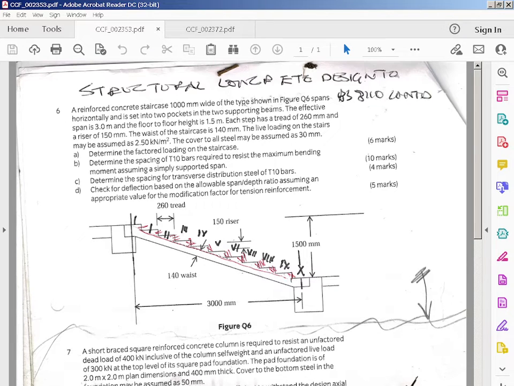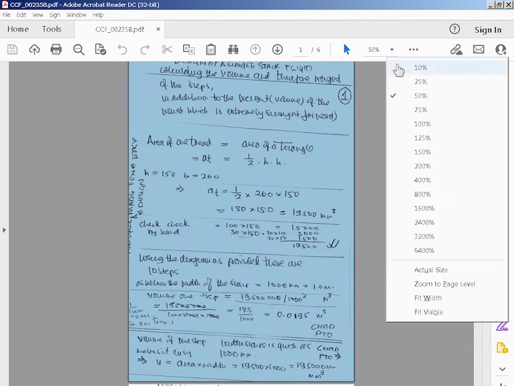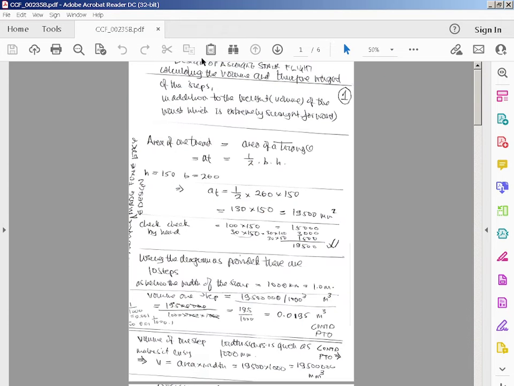So let's get cracking on part 1. Determine the factored load on the staircase. So we calculate the volume and therefore the weight of the steps.